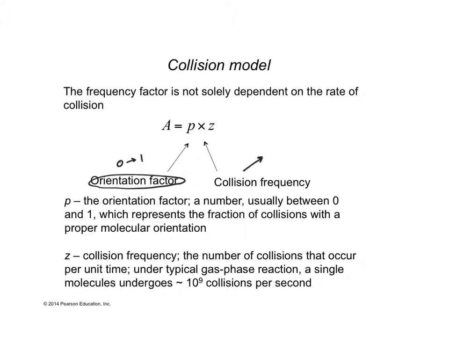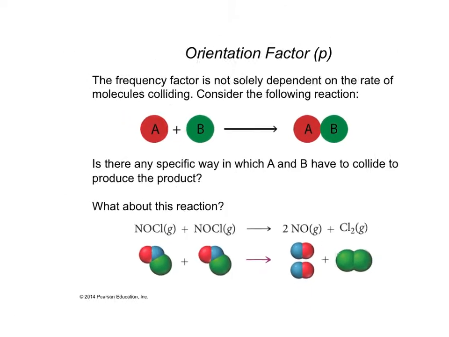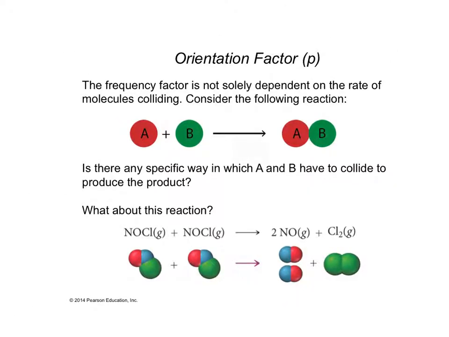Now let's imagine that we have 2 reactants, A and B, and A and B are going to react to form AB. Is there any specific requirement for B when it collides with A that's not going to lead to a successful collision? Can B hit A up here? Will it get AB?